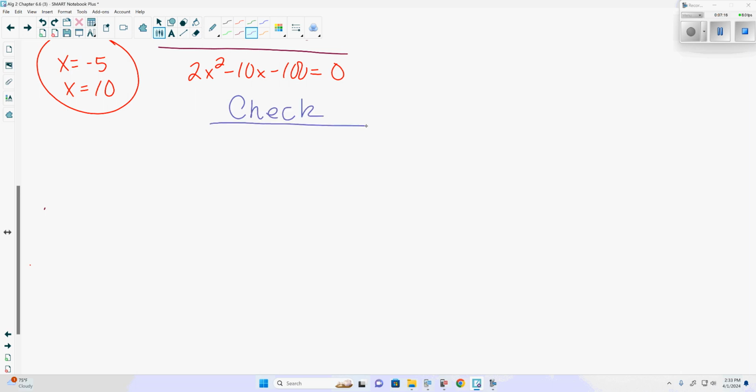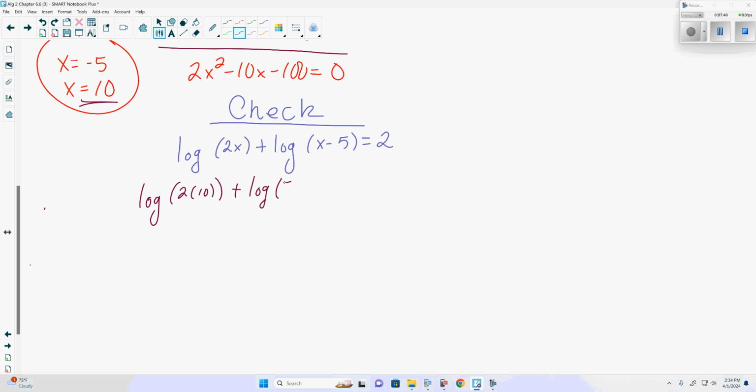Now I'm going to check these, because what we started out with was log of 2x plus log of x minus 5 is equal to 2. The first value of x I'm going to check is 10. So we're going to plug 10 in for x and check to see if this gives us a true statement.